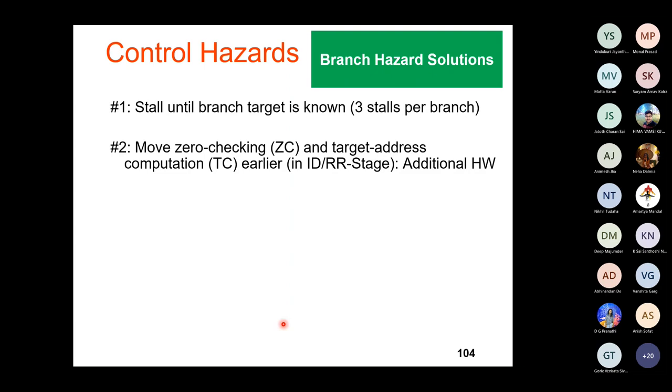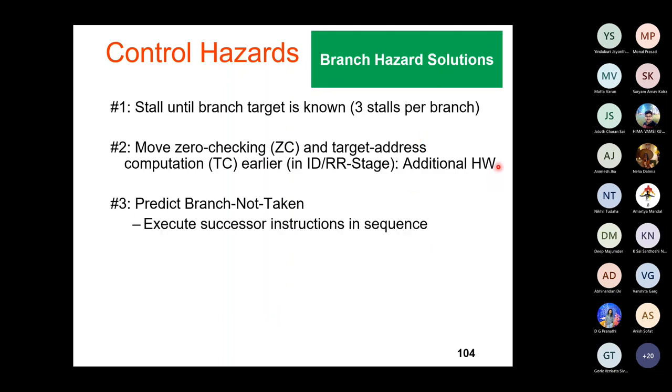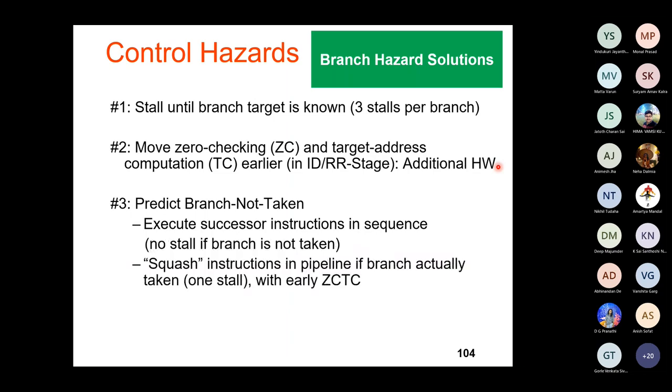It solves the successor problem, but it may pose some problems with the preceding instructions. The third possibility is to just predict branch not taken and go ahead. If it is not true, then you flush one following instruction in the presence of this additional hardware. So there is no stall if the branch is not taken, and one stall to squash the instruction in the pipeline with early zero checking and target address computation.